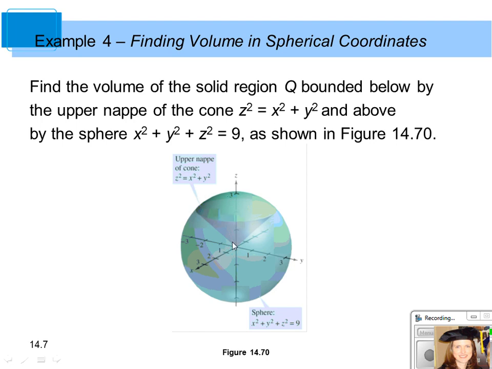Where the cone intersects the sphere is where the z on the cone is equal to the z on the sphere, so we'll have to solve some equations to determine that angle phi. And then we also want to determine our bounds for theta, and theta would go from 0 to 2 pi to make that complete portion.